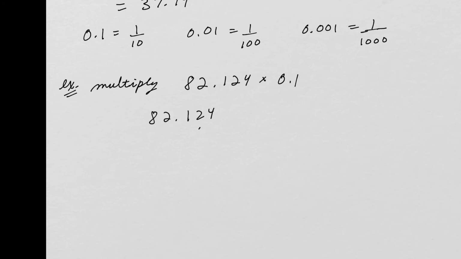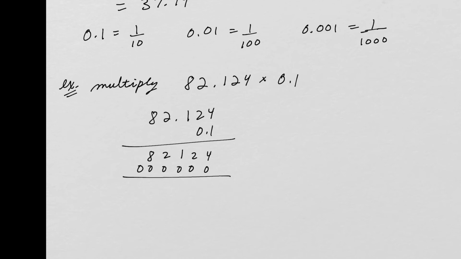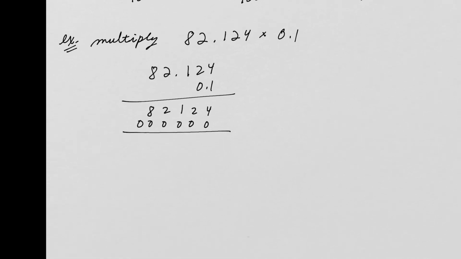So in 0.1. Okay, so 1 times 4 is 4, 1 times 2 is 2, 1 times 1 is 1, 1 times 2 is 2, 1 times 8 is 8. And then the 0, I don't even need to write the 0, right? If you want, you could. I could write 0, and then I have 5 zeros, right? So this is going to be, now I add them, so 4, 2, 1, 8, 2, 8.